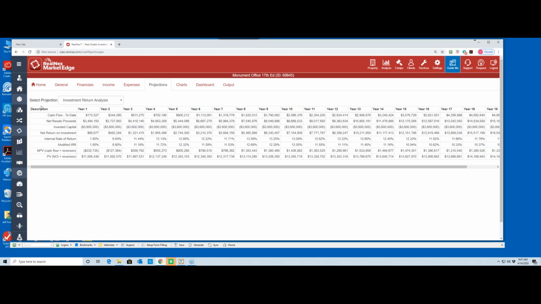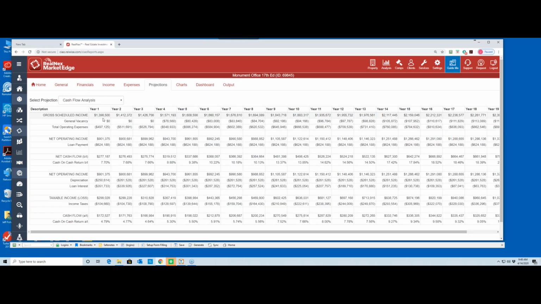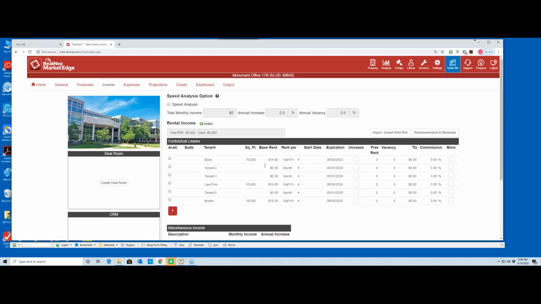Was it showing some vacancy? I didn't think it showed any vacancy. Let me go to analysis. In your initial cash flow you have 0 vacancy, but if you go to your income tab, right, we had base rents at 0 for tenants 4, 5, and 6.